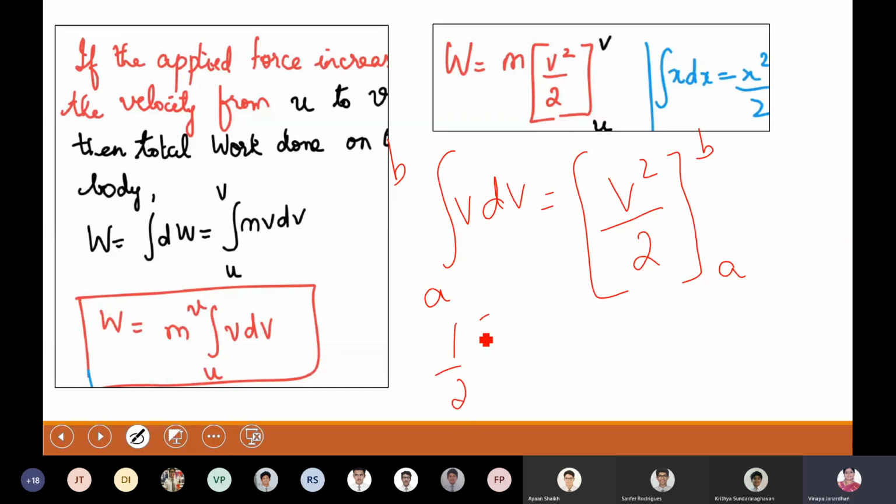So v squared will take upper limit. Which is your upper limit? B. So it becomes b squared. V takes the value, not v squared. V takes the value of b. Don't get it confused, boys. Even if it is v cube, v takes the value of b. Minus v takes the value of which limit? A. So a squared. Are you clear, boys? Yes, ma'am.